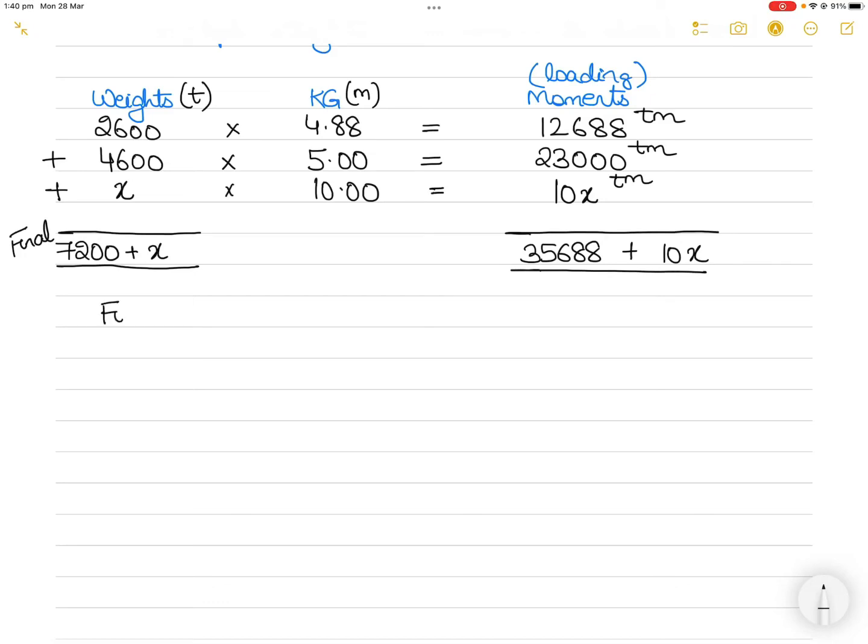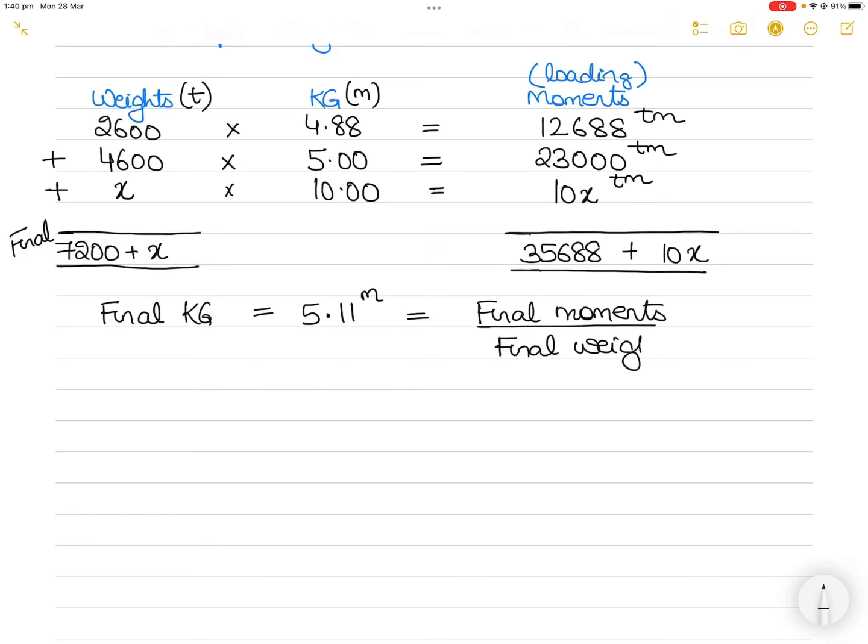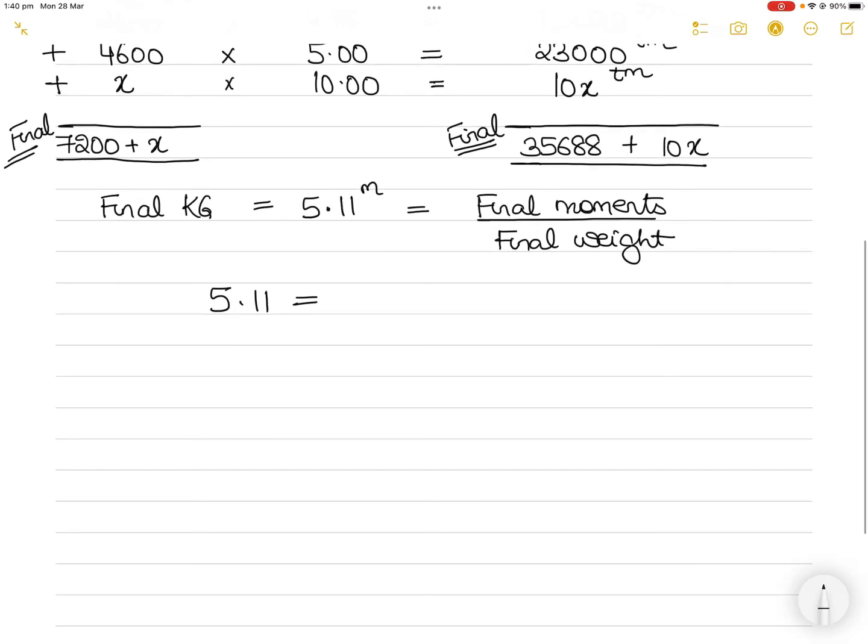The final KG that you want is given to you already, 5.11 meters, but this is also equal to the final moments divided by the final weight. So 5.11 meters is equal to 35,688 plus 10x, divided by 7,200 plus x.